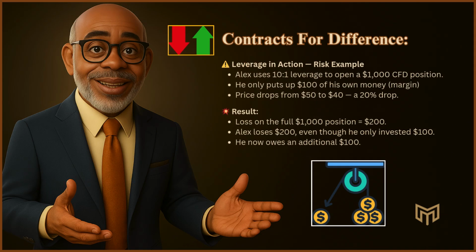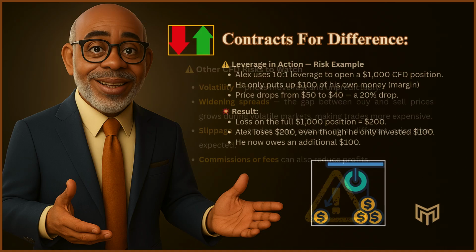Alex uses 10-to-1 leverage to open a $1,000 CFD position, putting up just $100 of his own money. If the price drops from $50 to $40, that's a 20% decline. He loses $200 on the full position. Because he only invested $100, he not only loses it all, he actually owes another $100. That's how leverage can make you lose more than you put in.